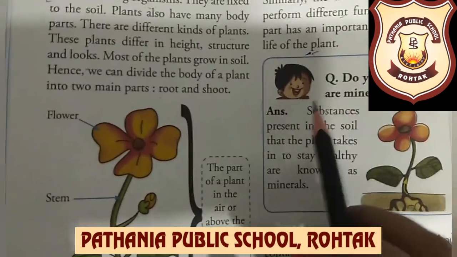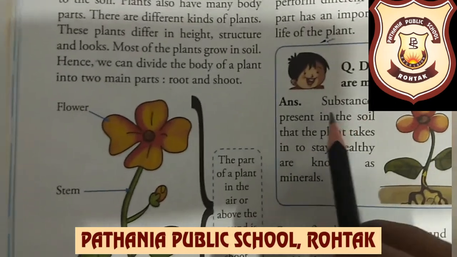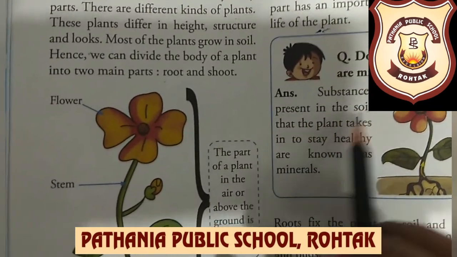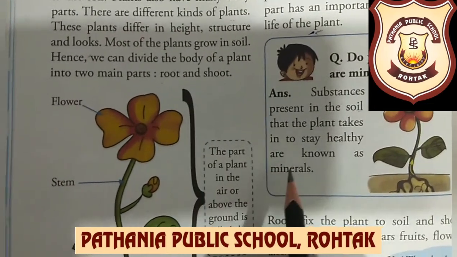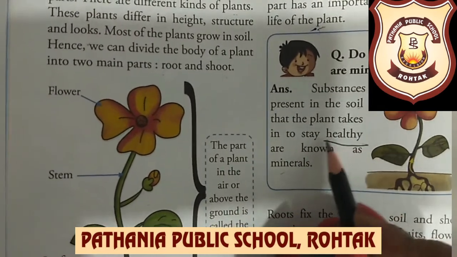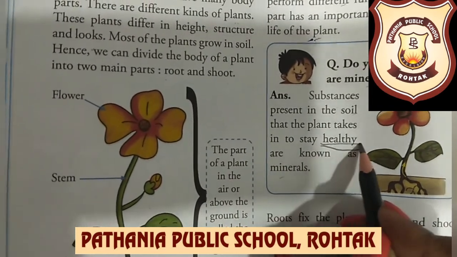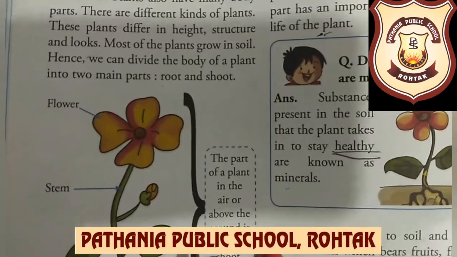Now, one question is here for you. Do you know what are minerals? Now, here we will study what are minerals. Substances present in the soil that the plant takes in to stay healthy are known as minerals. You must have heard this word healthy many times before. I think your mother used to say you should always eat healthy foods.